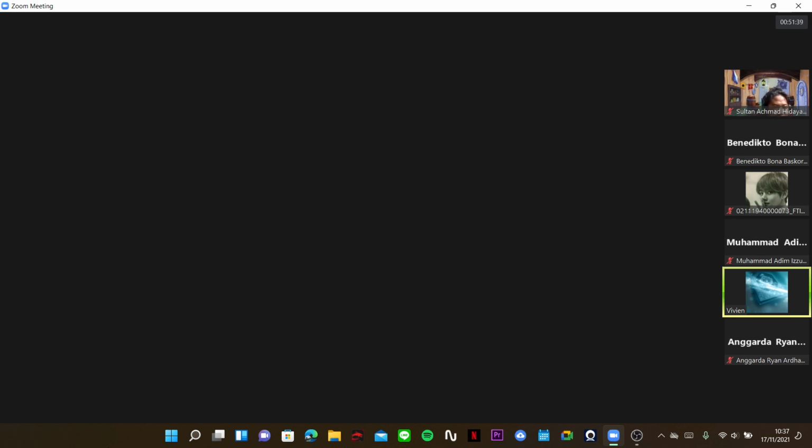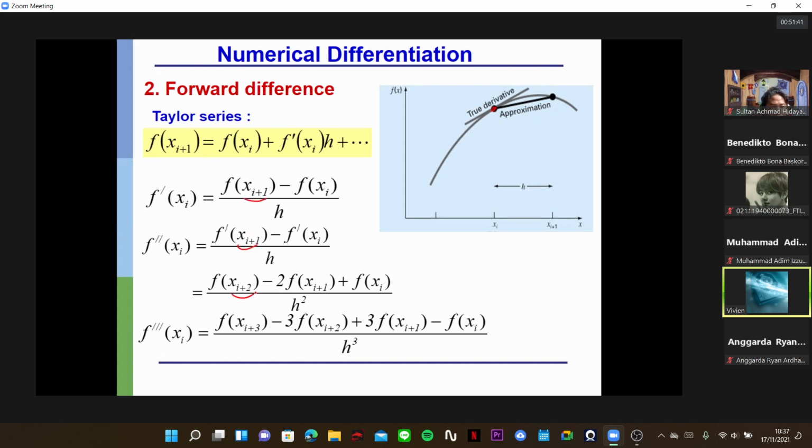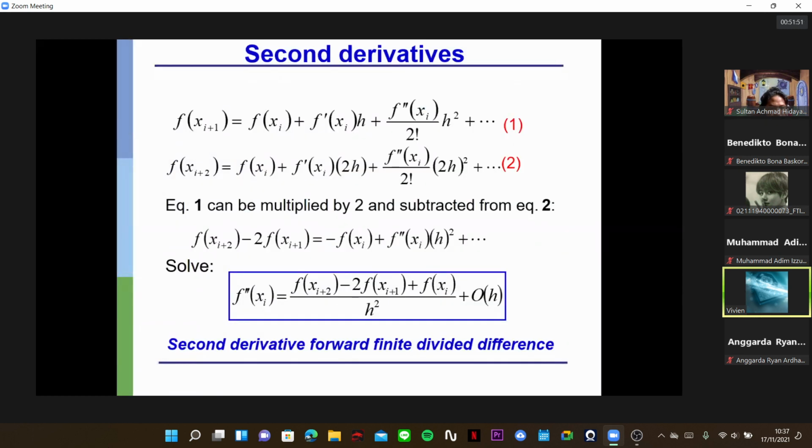So now all of the calculation or the formula uses the points after: i+1, i+2, i+3. So this is forward difference. From this derivation, we can see clearly that the resulting accuracy in this case is first order.